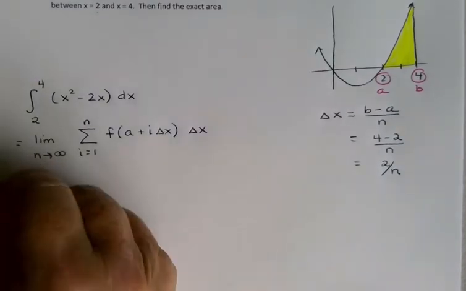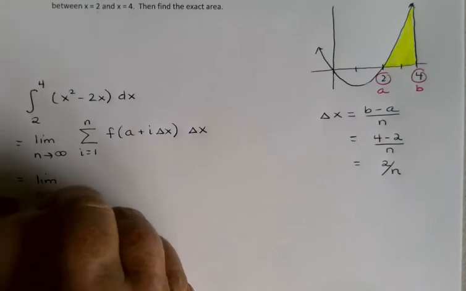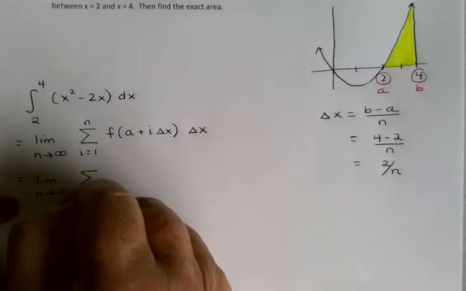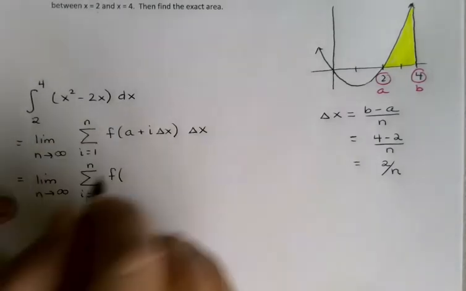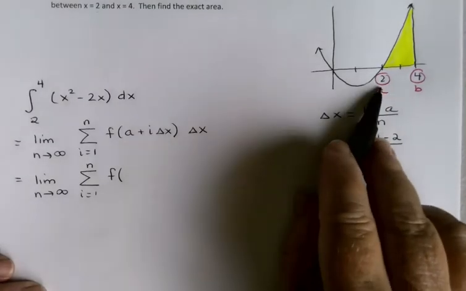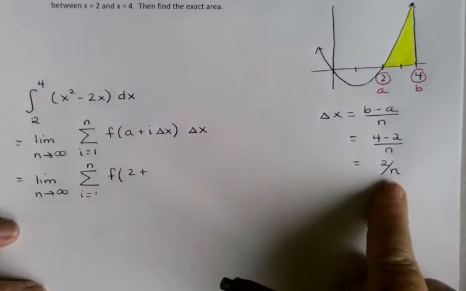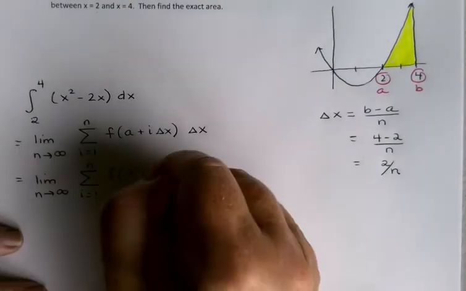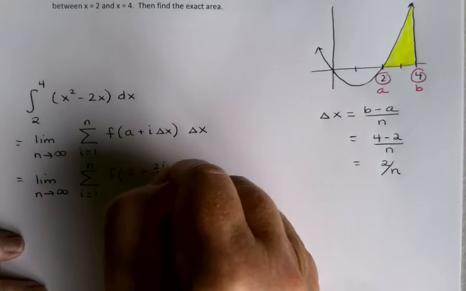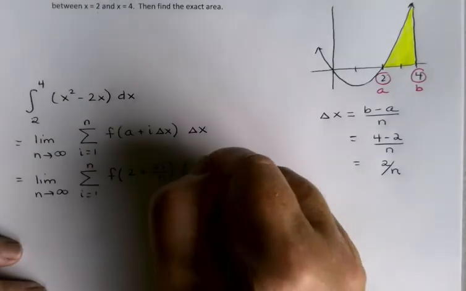So, I've got the limit as n goes to infinity of my sum, and this will be f of a, here a is 2, plus i times delta x. So that would be 2i over n. And then multiply by delta x, 2 over n.